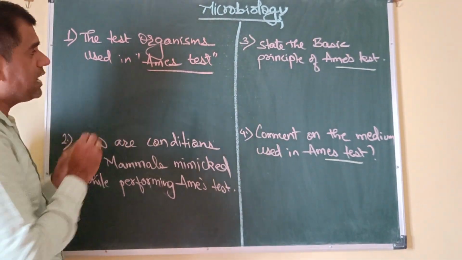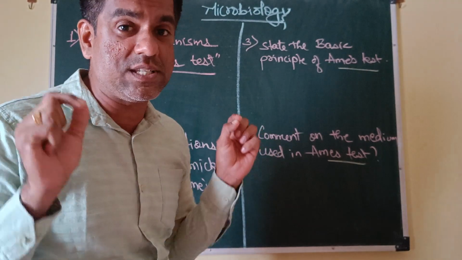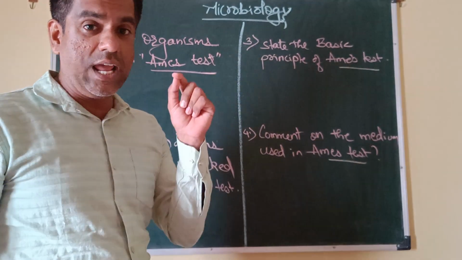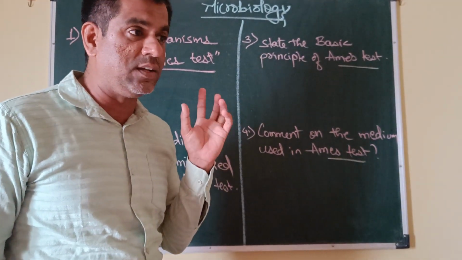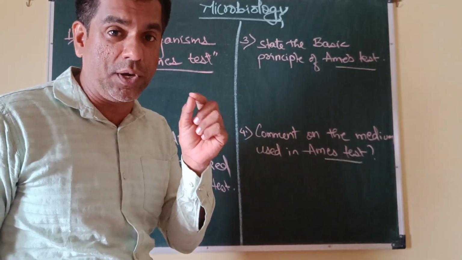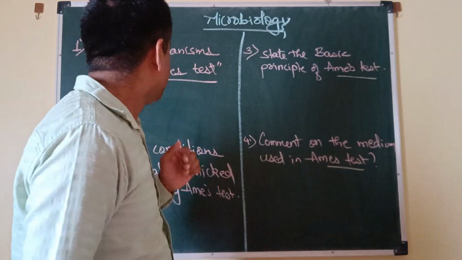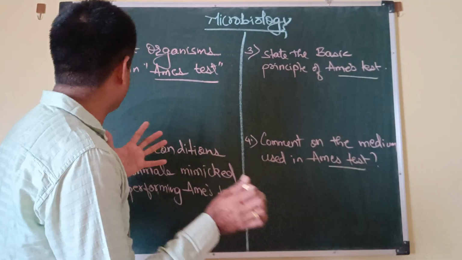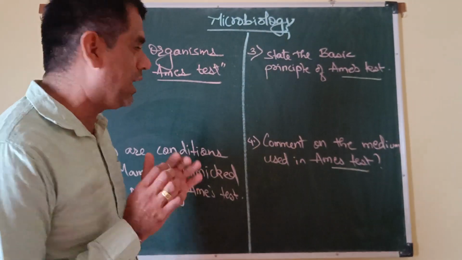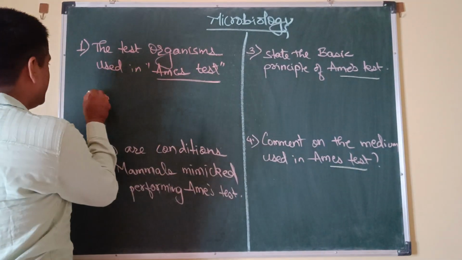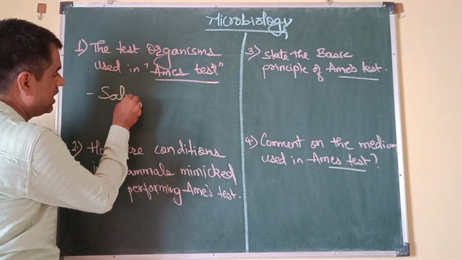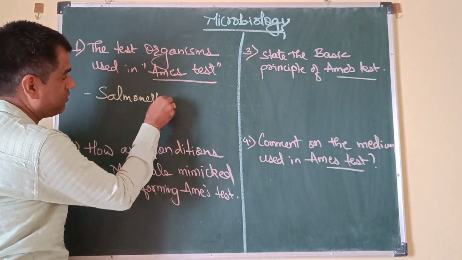The test organism used in the Ames test, right? We know that the Ames test is used to detect the mutagenic ability of a particular compound, because mutation is linked to cancer. So the test organism: the only answer here is the bacteria Salmonella typhimurium.